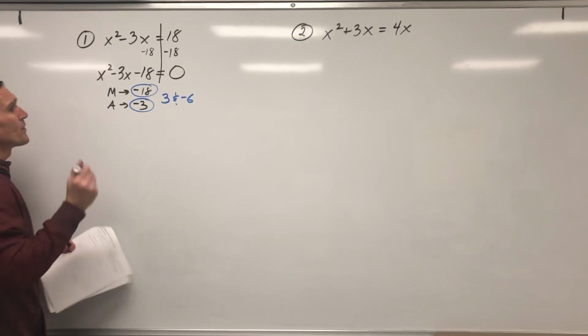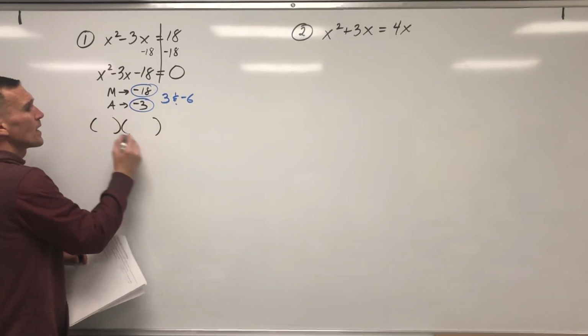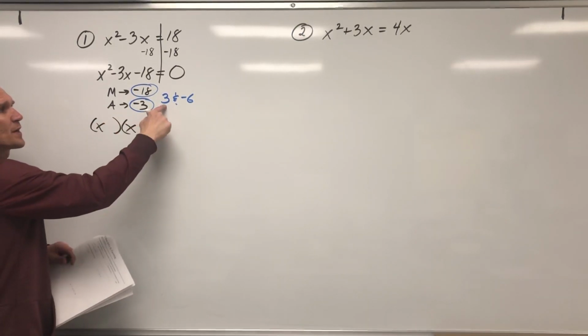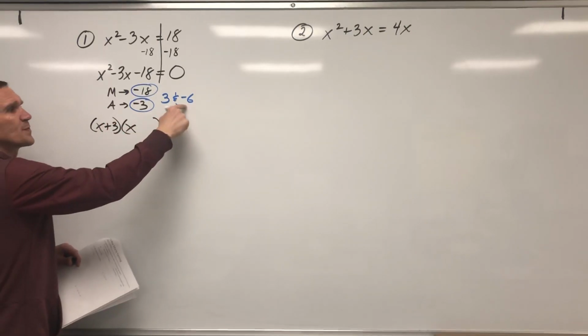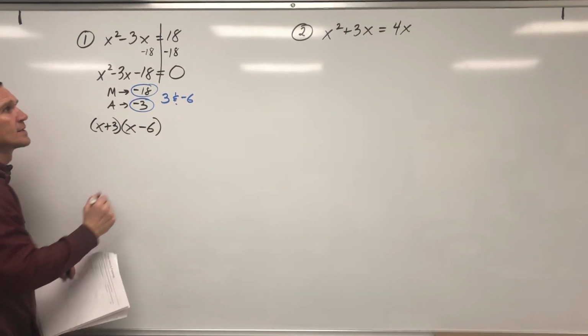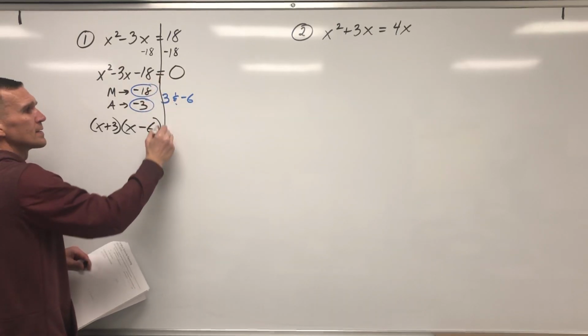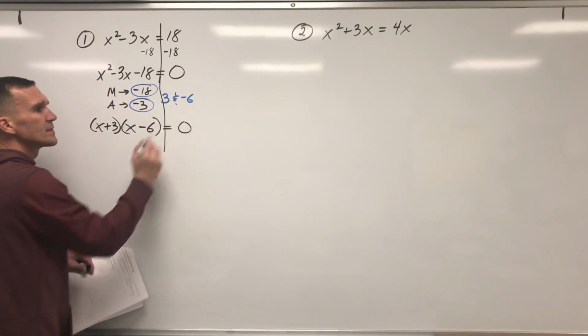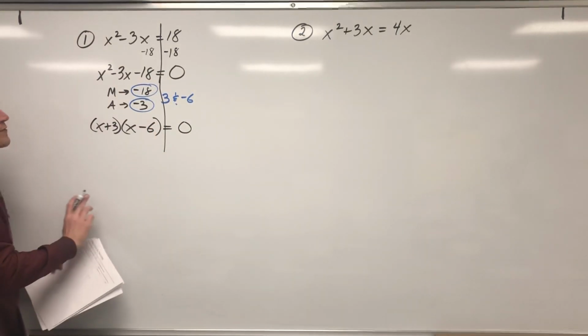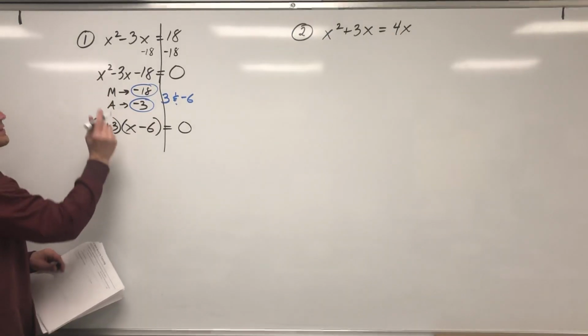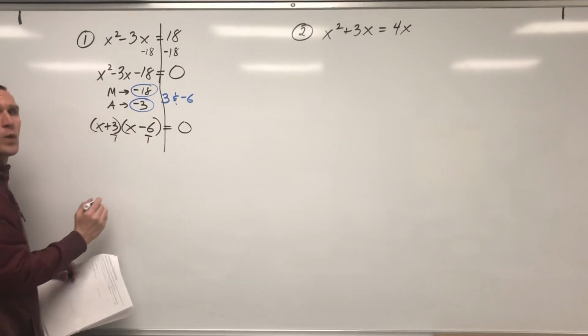We set up 2 parentheses that both start with x. Special number, positive 3. Special number, negative 6. We can't forget the equal sign and the 0. Now we do have to remember to divide by the front number. Divide by 1. Divide by 1.